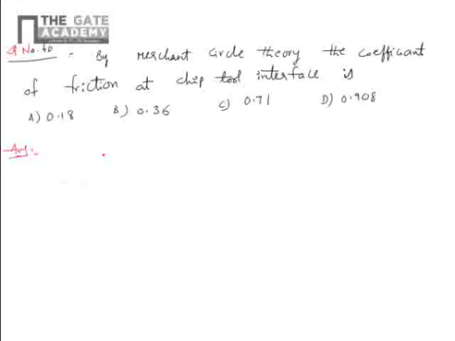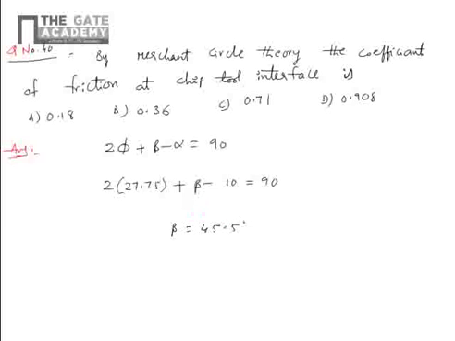How to solve this? Based on Merchant's theory, 2 phi plus beta minus alpha equal to 90, where phi is the shear angle. He has given phi 27.75. Beta is the friction angle, which we need to calculate. Alpha is 10 degrees. From the above, beta equal to 45.5 degrees.